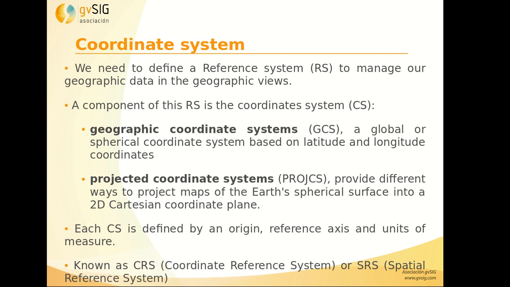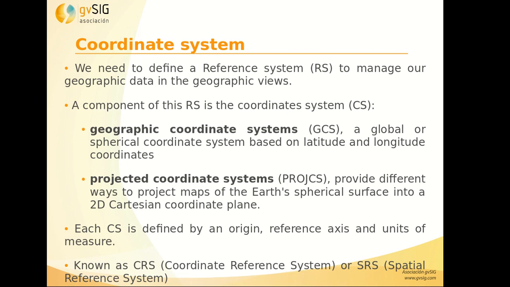We need to define a reference system to manage the geographical information. So if we have a view in a reference system, we have to know what the reference system of the cartography is. A component of these reference systems is the coordinate system.